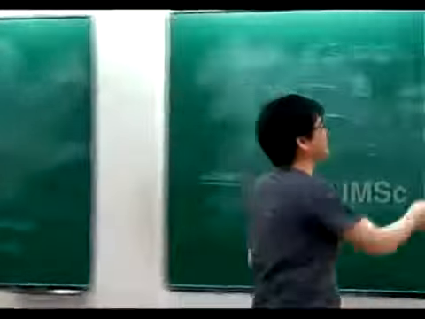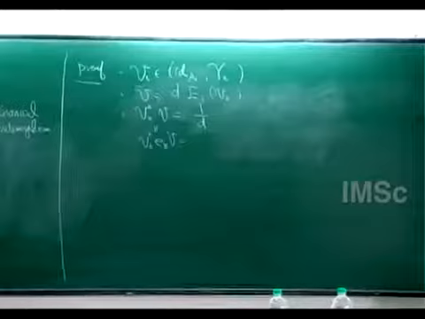I'll explain it. Since the left support of V0 is a Jones projection, you can put the Jones projection here. Then, remember, V is defined by these relations.